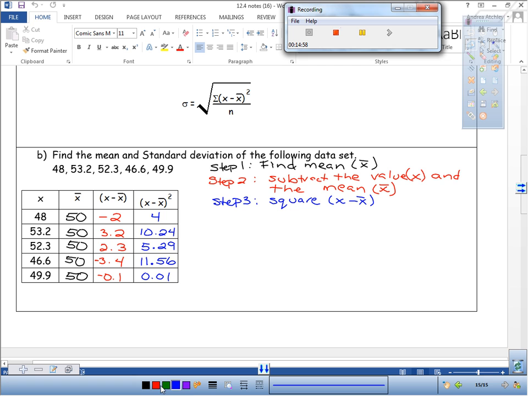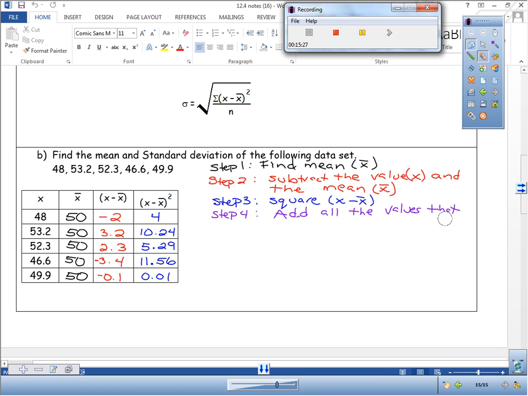Okay, step 4. You're going to add all the values, not that were squared, in this x minus the mean squared.